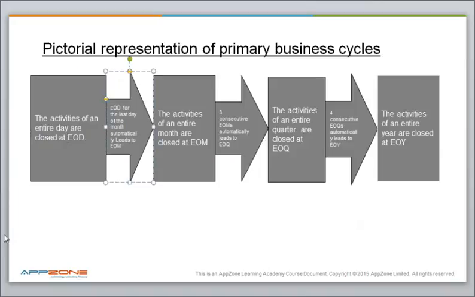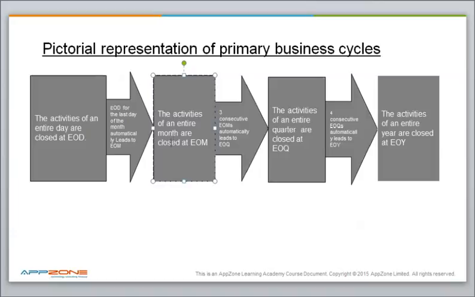End of day for the last day of the month automatically leads to what we call end of month. That is, a month that has 30 days in it will close at the end of the 30th day. Then the business cycle that runs at the end of that 30th day is called end of month.